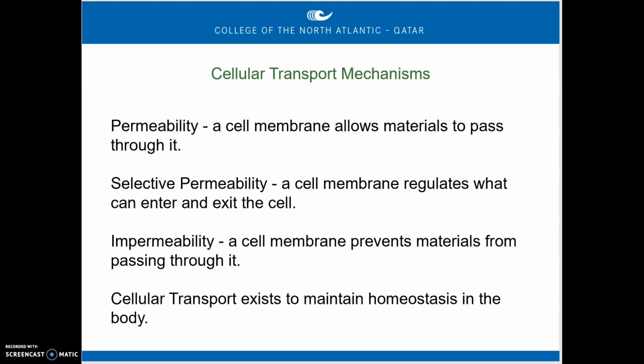Generally we'll find most cell membranes are selectively permeable to what they allow in and what they allow to escape. Now, the selective permeability of a membrane has a big role to play when we're talking about homeostasis. Depending on the condition of the cell, certain things can get in at different times, so it's another way that the body helps regulate or maintain homeostasis.